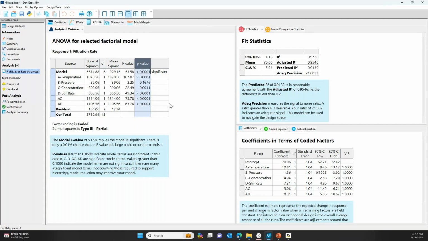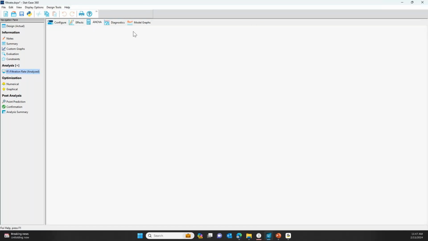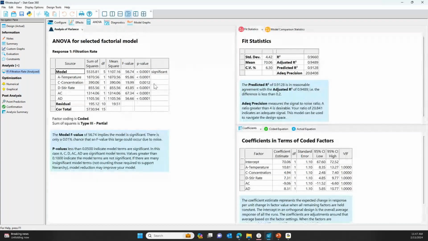And in the blue box, it says that we're looking for less than 0.05. 0.05 would be 95% confident that something mattered. Well, here we have pressure, which is way above the 0.05. So in fact, we made the wrong decision. So we would come back and turn pressure off. That wasn't having a statistical effect. So p-values are our friend here.